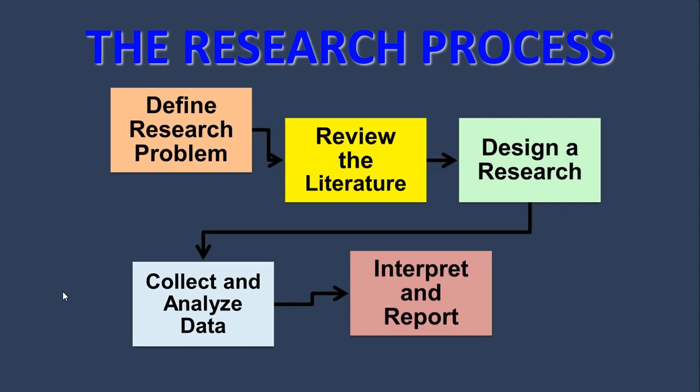These literatures will support your research because there are several existing researches similar or related to what you are supposed to do. So you review the literature and, of course, you design a research, or research design.